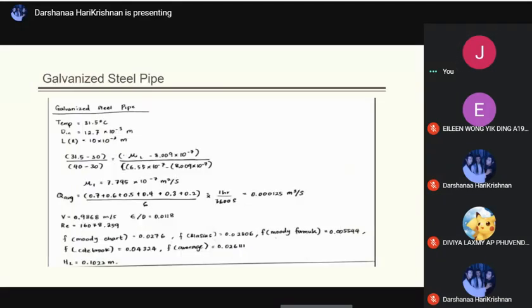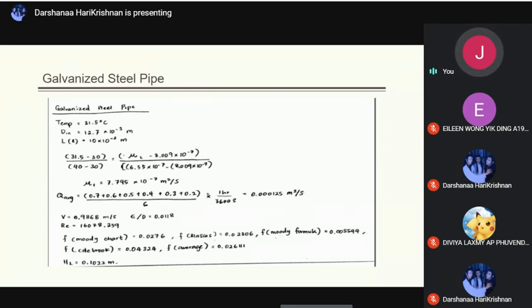Next, this is the calculation, and from the theory that EILEEN has discussed, from the equations, for the Moody chart we have the f equals 0.0276, and for Blasius we have 0.028806.